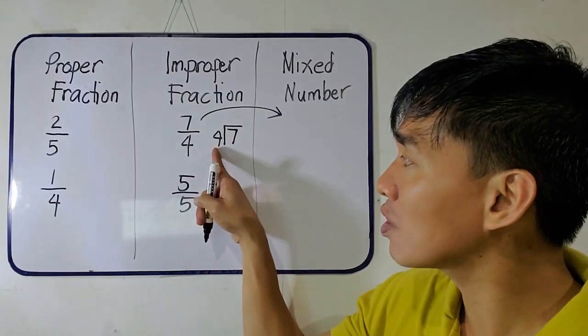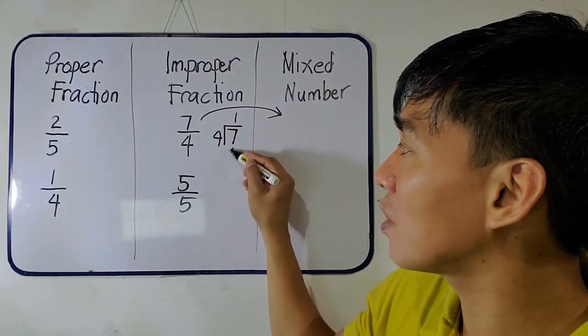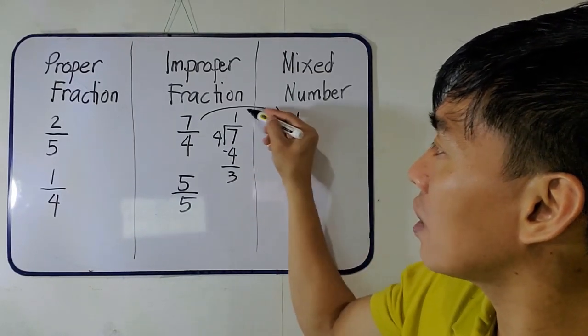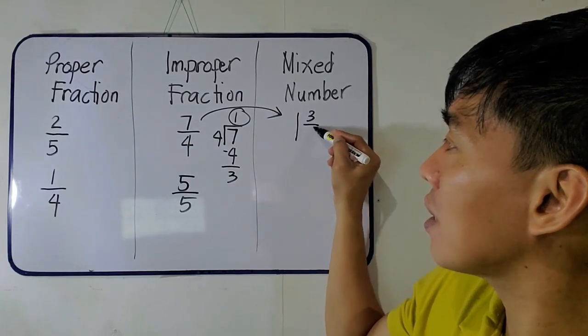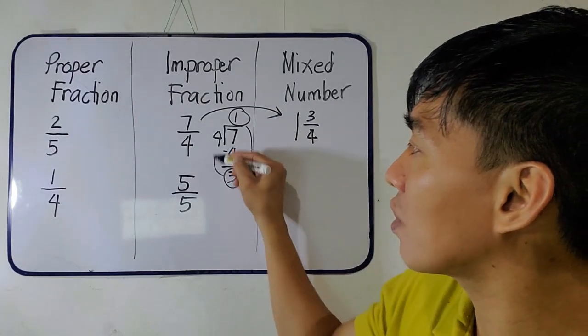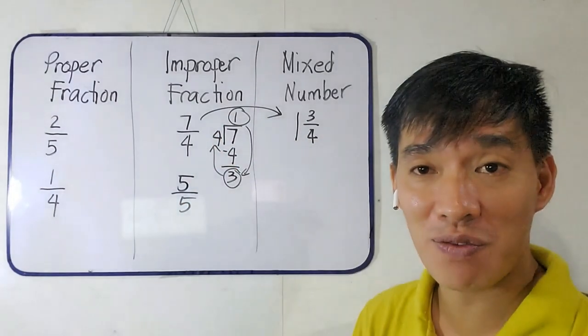How many 4s are there in 7? That is 1. Now 1 times 4 is 4, subtract, that is equal to 3. So therefore, that's 1 and 3/4. That's the mixed form of this improper fraction.